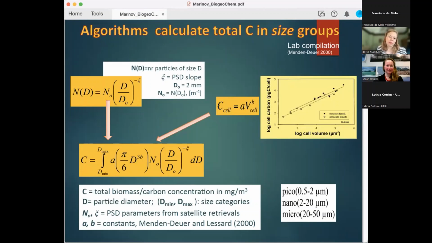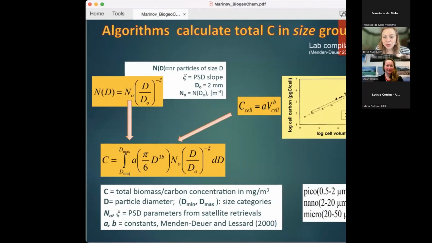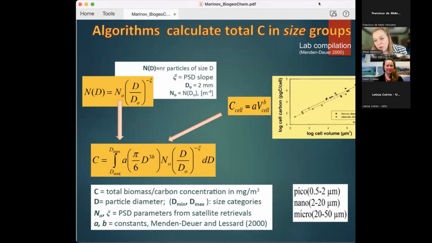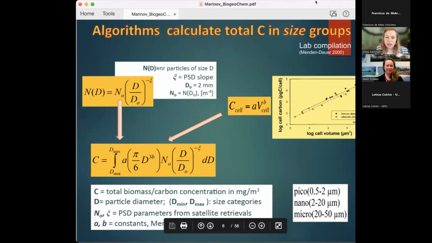of the cell. Then what we do next is we integrate over the biomass of the particles within a given size group. So now we have D min and D max as size groups, and these size categories for us will be in the pico, 0.5 to 2 micrometer, nano, and micro range.